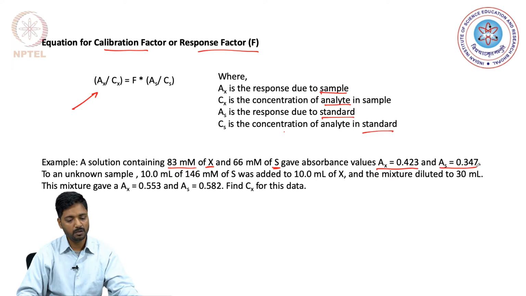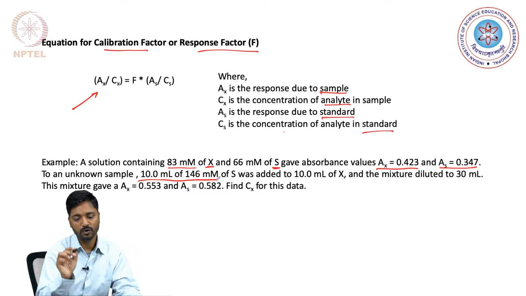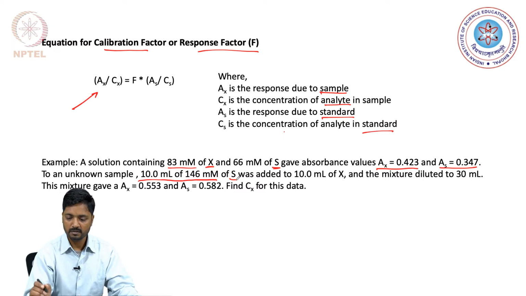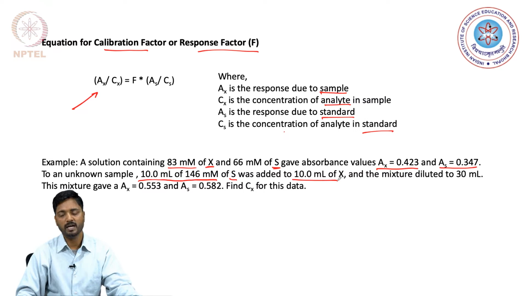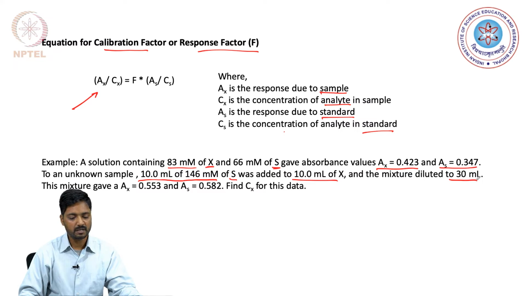Now to an unknown sample, we add 10 ml of 146 millimolar of the standard, and this was added to 10 ml of unknown sample X, and this mixture was finally diluted 3 times to a final volume of 30 ml, and when this sample was analyzed, now we have added a standard to it.